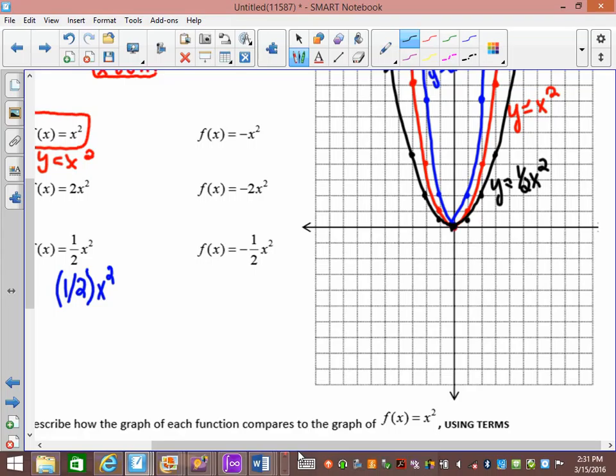So what happens to it? It's a reflection in the, which axis do you think? In the x-axis.